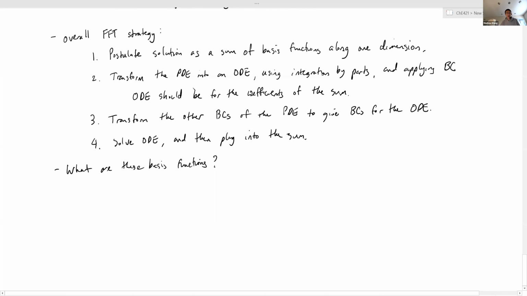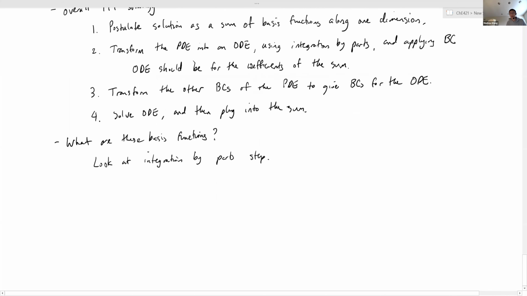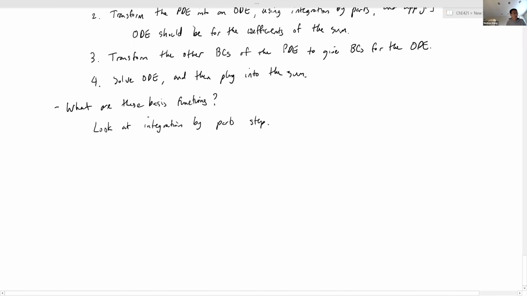Now to do that, let's actually look at that integration by parts step. And that'll give us the necessary requirements for something to work out as good basis functions. So let me just write it out again. I'm not going to copy paste this time.